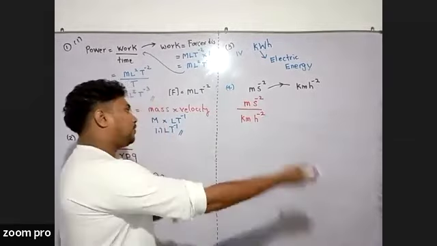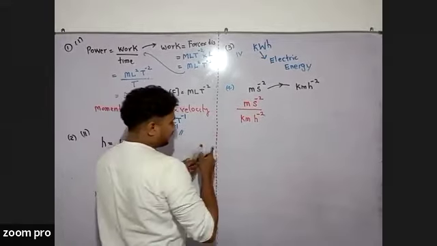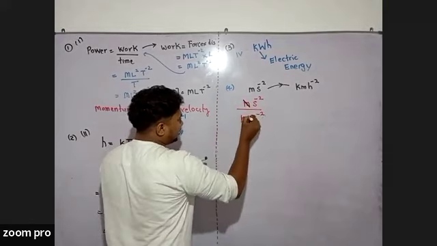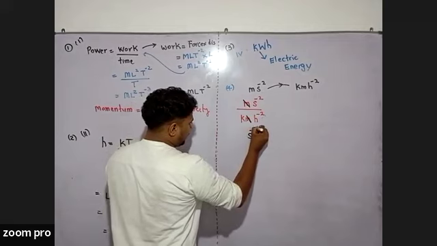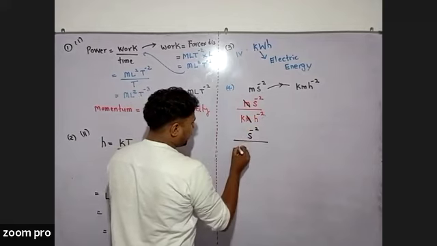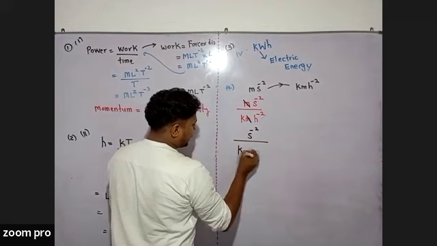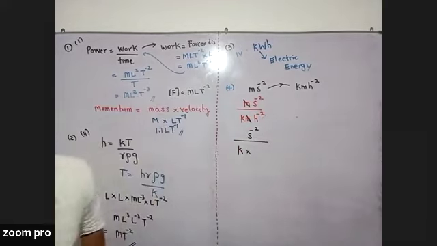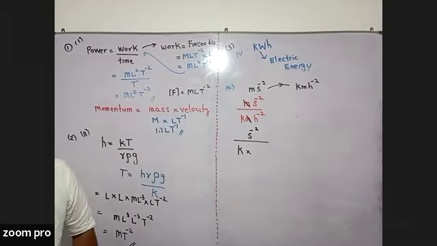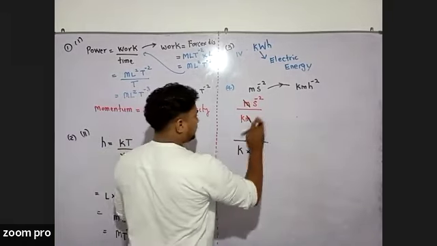So let's follow this easiest procedure. Then we are able to cancel these two. So here we have s to the power minus 2 and the remaining terms are kilo. Right. So you know that the question is asking about minutes, isn't it?